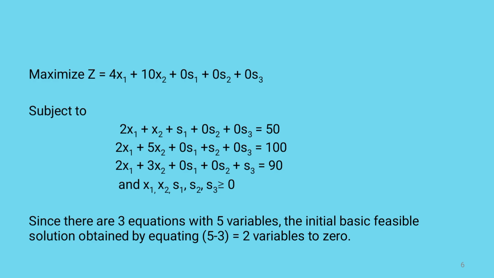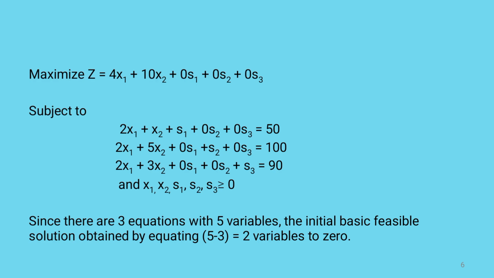Likewise 2x1 plus 5x2 plus s2 equals 100, using the second slack variable. From the third inequation we add one more slack variable to make it an equation.